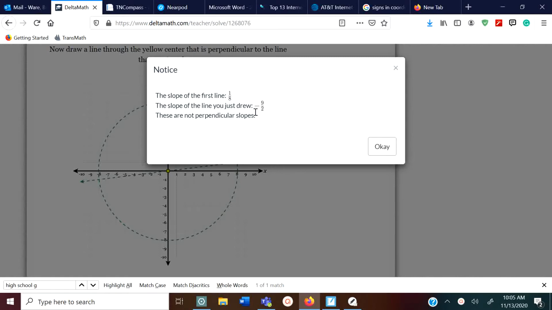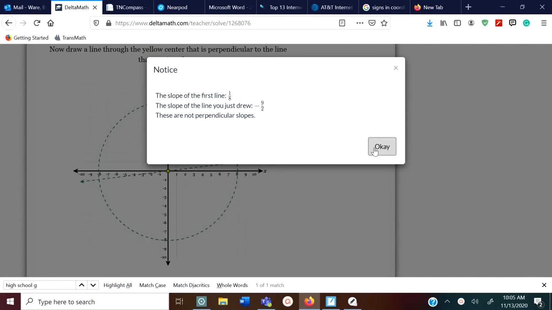It's telling me the one that I drew is -9/2, and the one that is drawn is 1/8. As soon as this happens, what you want to do is flip this upside down, which will make it 8/1, and make it opposite to what it is. If it's negative, make it positive. If it's positive, make it negative. So we flip it upside down, 8/1, and make it negative.